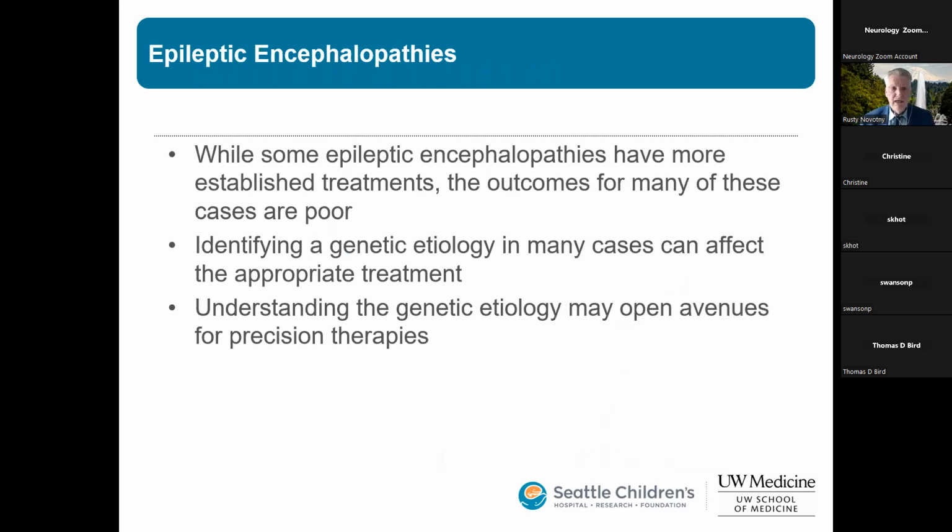So just to review again, the epileptic encephalopathies have more established treatments. The long-term outcomes for many of these are poor, and oftentimes identifying a genetic etiology can allow you to target appropriate effective treatments, and understanding these underlying genetic etiologies opens avenues for more precision therapies, and we'll talk about that a little bit further.